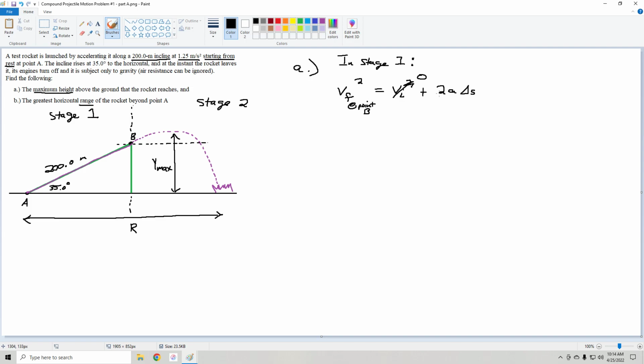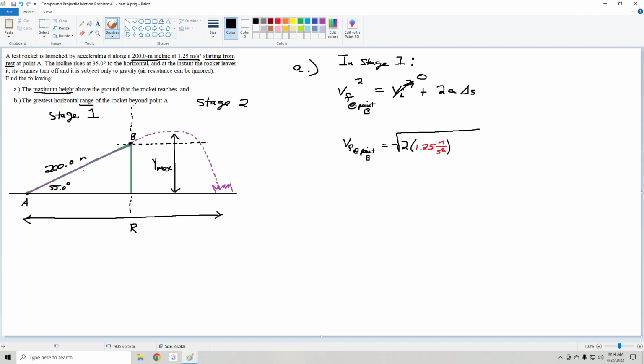Well, we take the square root of both sides, and we get the final velocity at point B is equal to the square root of 2 times the acceleration that happened in stage 1, which is 1.25 meters per second squared. And what was the displacement under which this acceleration occurred?